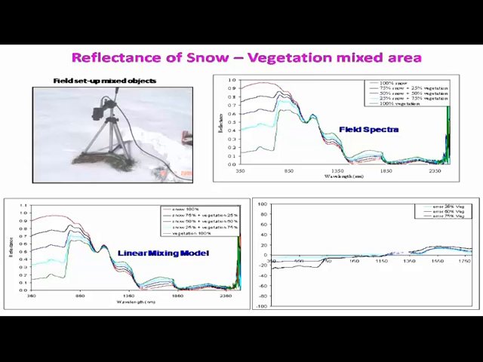Once the proportion of vegetation increases, the reflectance decreases here, but a finding here is that the red edge peak comes in once there is a mixing of vegetation. So you can estimate the proportion of different vegetation with the help of the hyperspectral data.